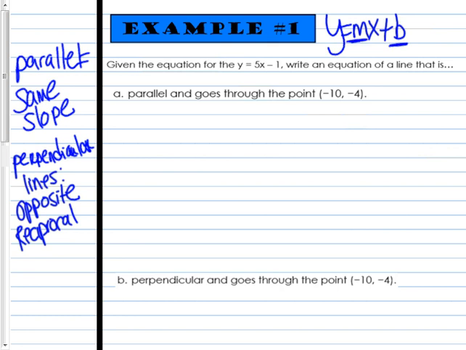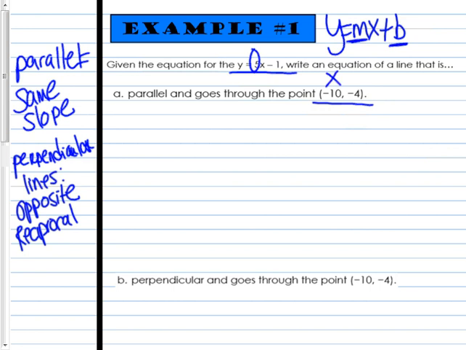We get to leave the y and the x alone. Since we need a line that's parallel to this line, we get to use the same slope. So we get to use the 5. Now the only other thing I need is the b. Well, I don't have the b, but they did tell me that it intersects this point.